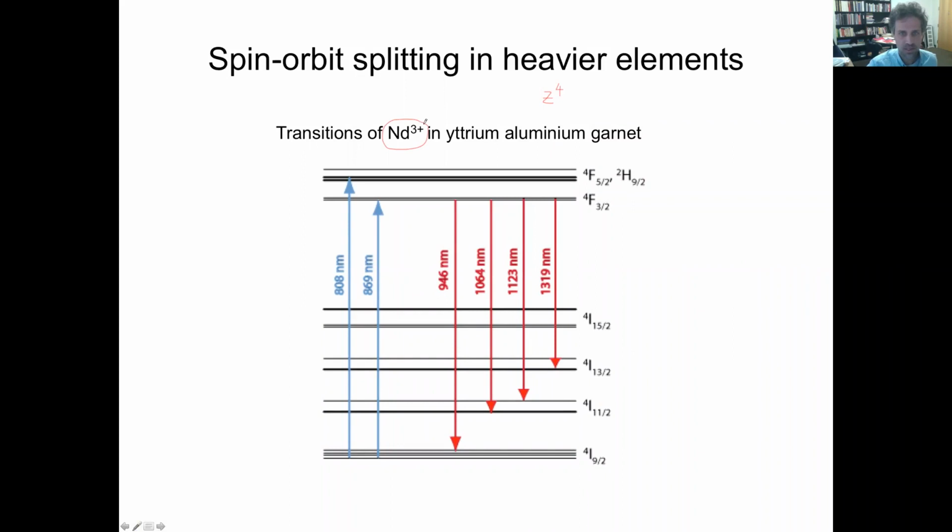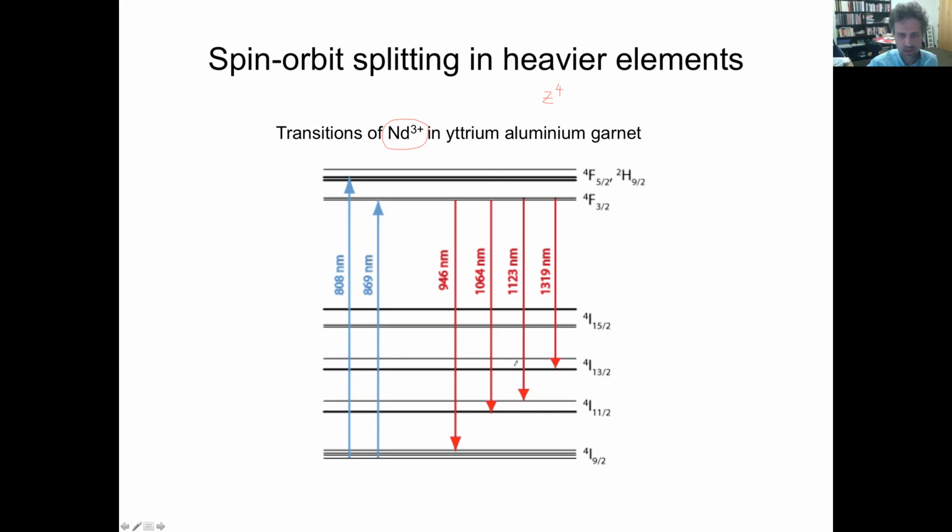Neodymium is, I would not say the heaviest element, but it's a pretty heavy element compared to hydrogen. It's a rare earth metal, right? So this element has substantial spin orbit coupling energies, and that is given in the diagram over here. These are just a couple of transitions between states.